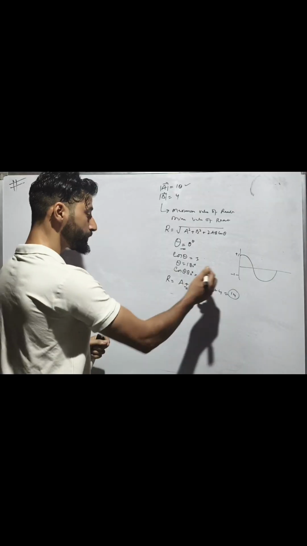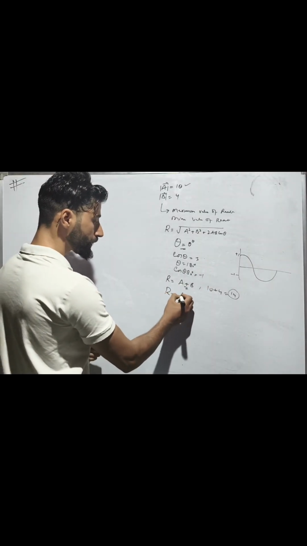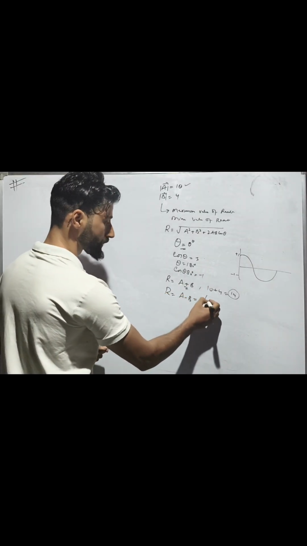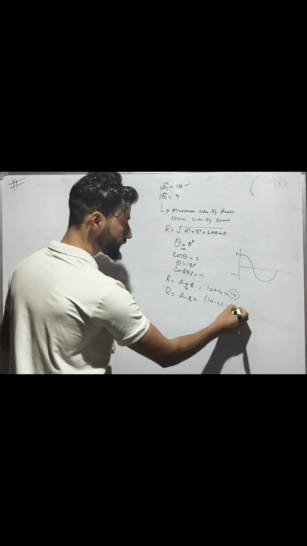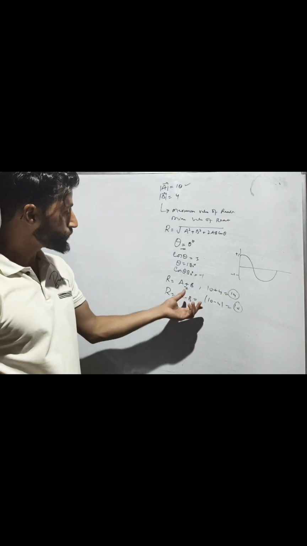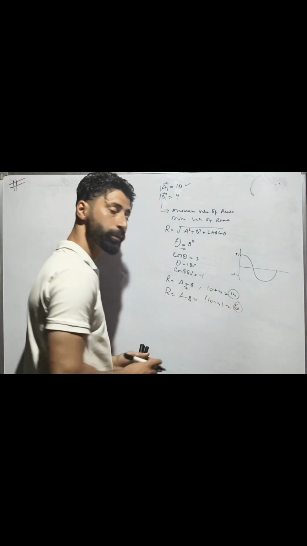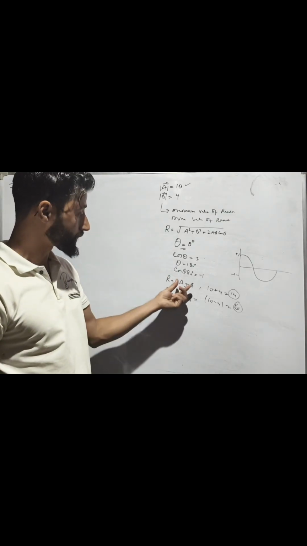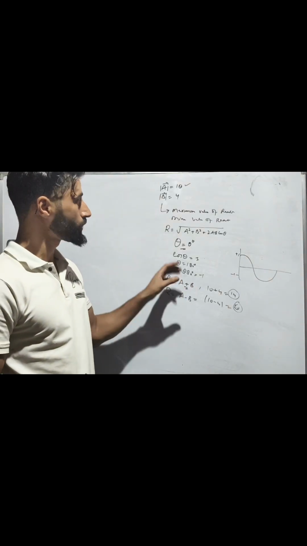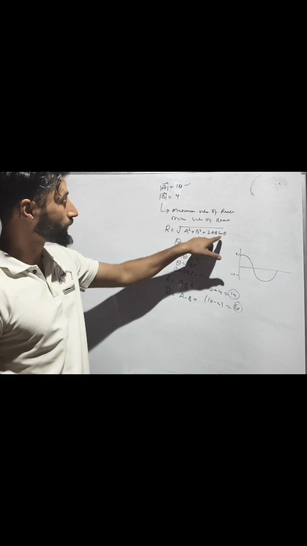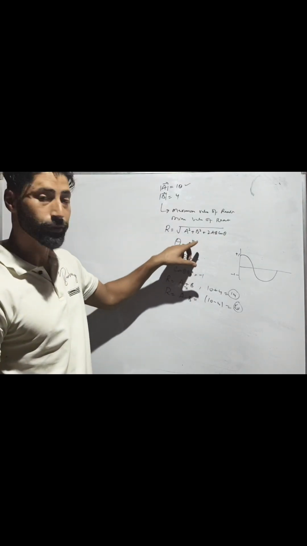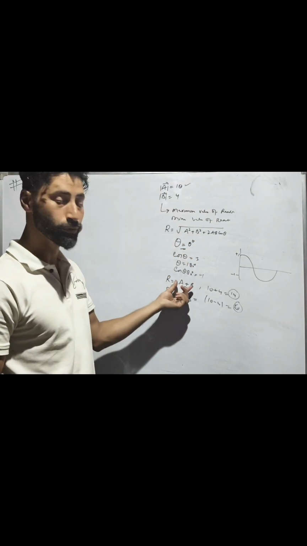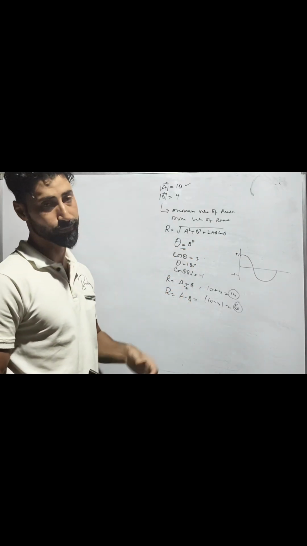The minimum is when we subtract these two vectors, that will be 10 minus 4, which is 6. This will be the minimum value of the resultant. Because it depends on the angle, and cos theta has a range from minus 1 to plus 1, its maximum value will be a plus b and its minimum value will be a minus b.